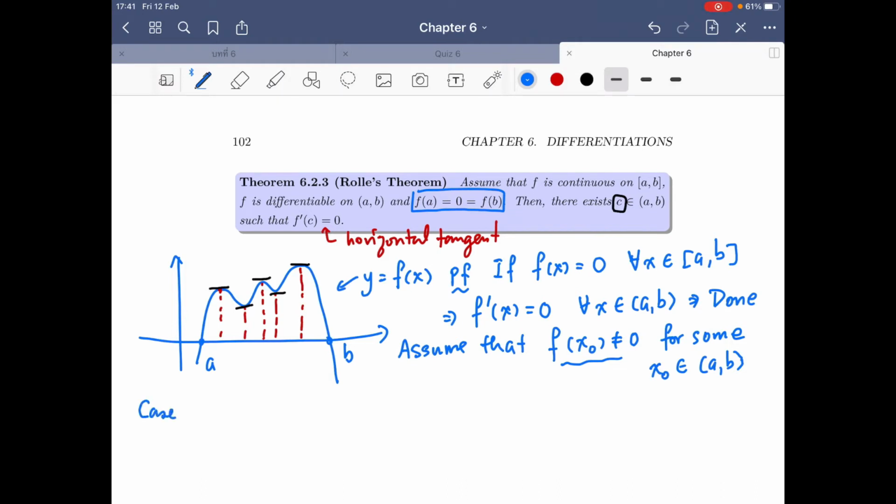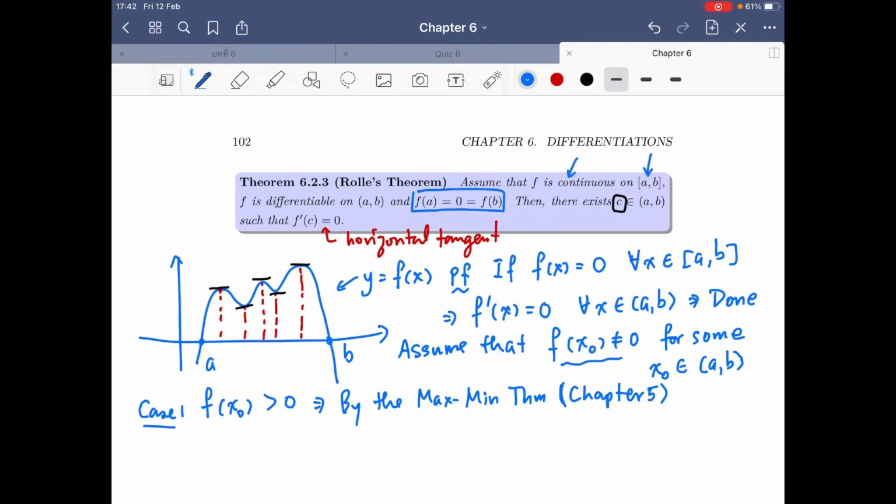So the first case is that if your f at x0 is positive, then by the max and min theorem in chapter 5, have you forgotten, it says that if you have a continuous function over a closed interval, then you always have max and min value inside that interval.